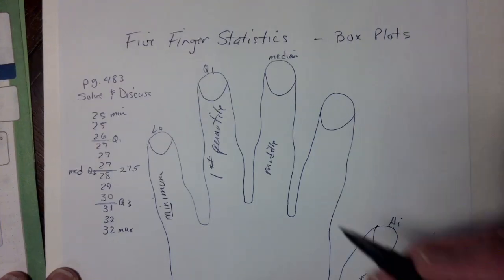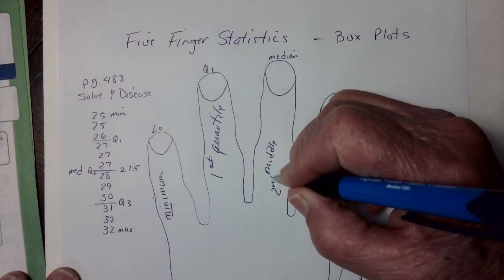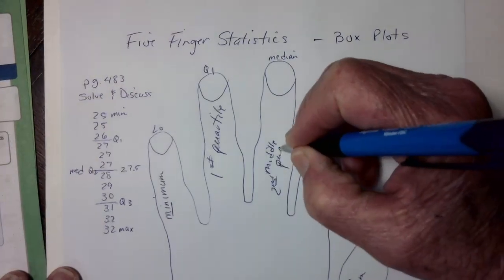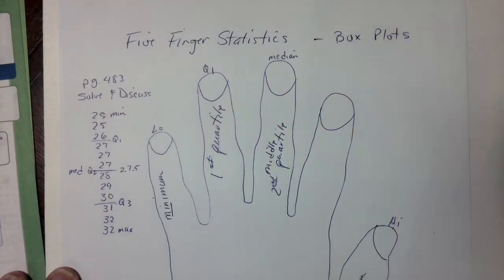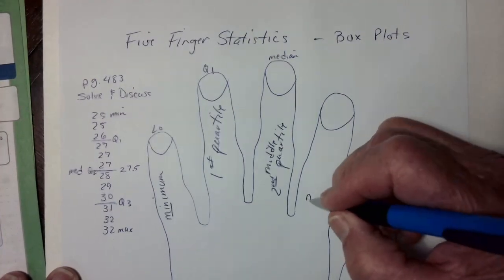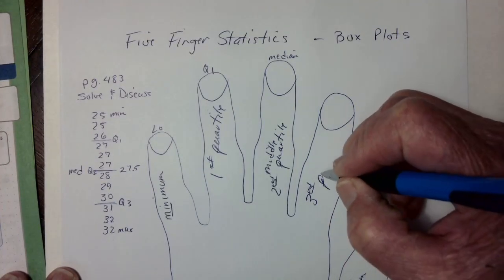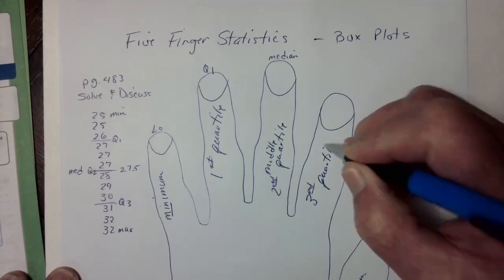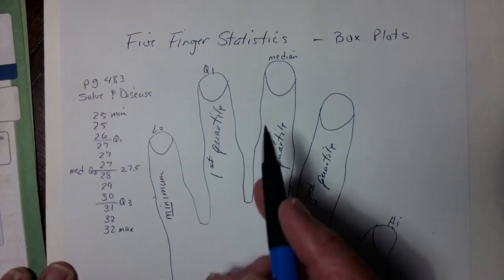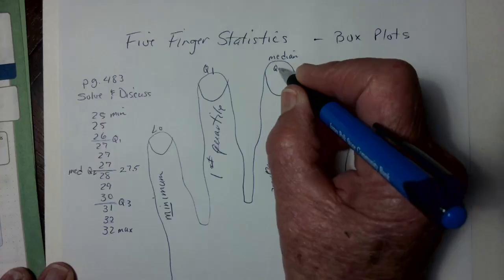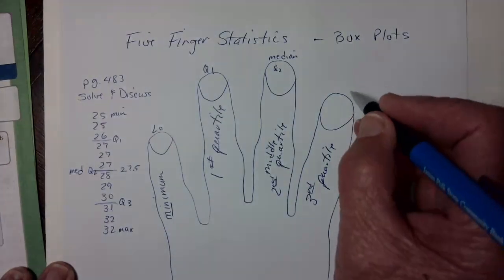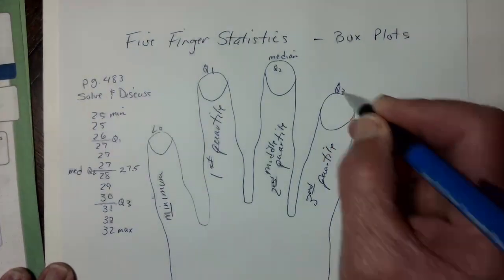The middle is the second quartile. And this one is the third quartile. Quartile means fourth. So this is the median, or Q2, and this is the third, so this is Q3.